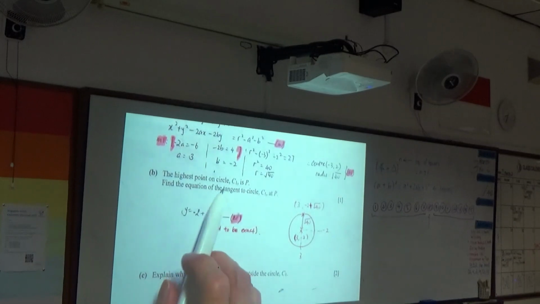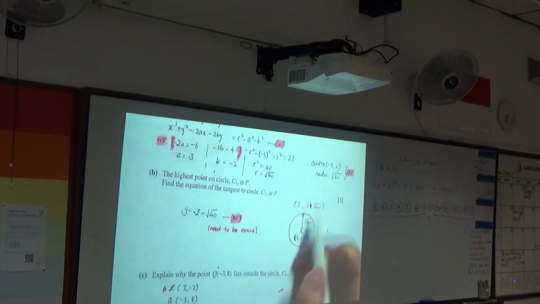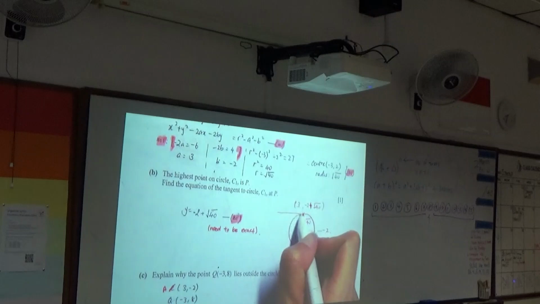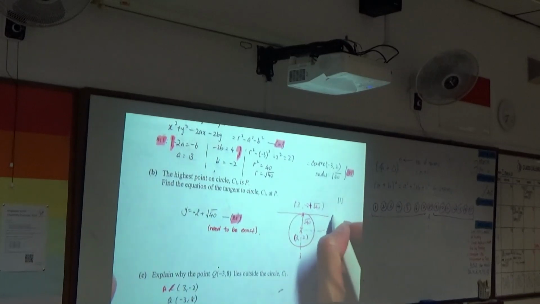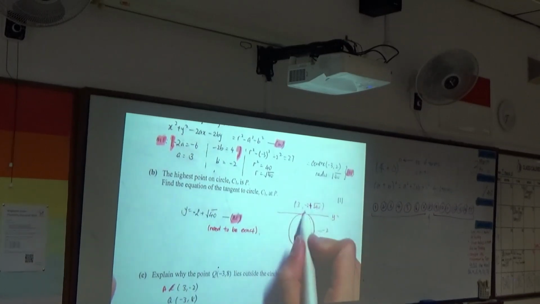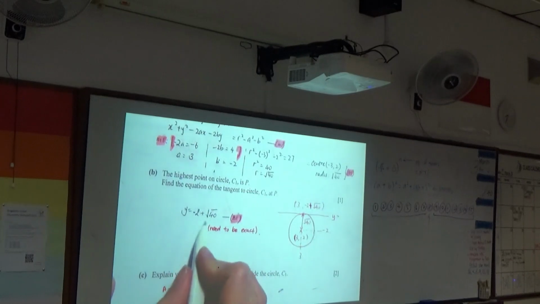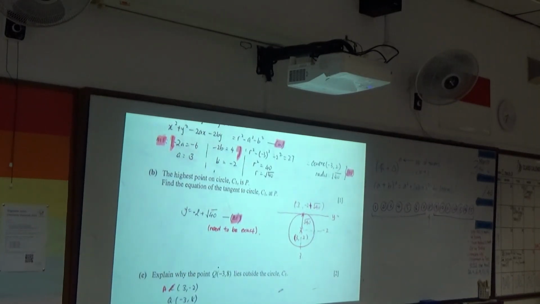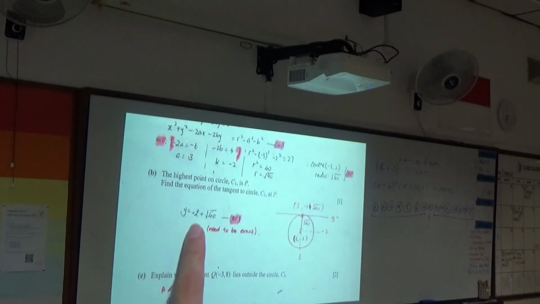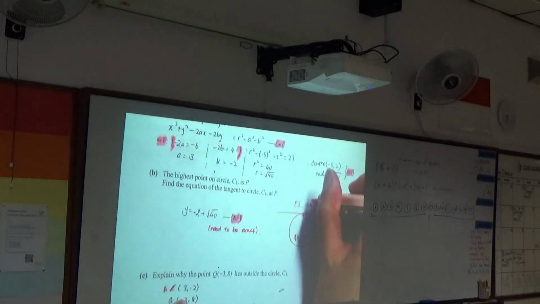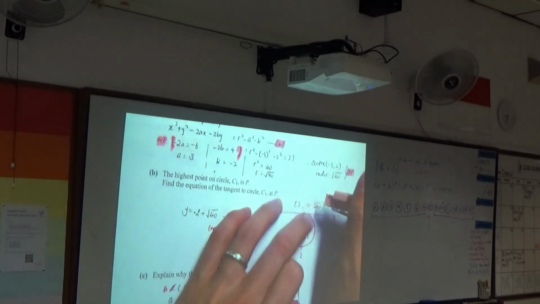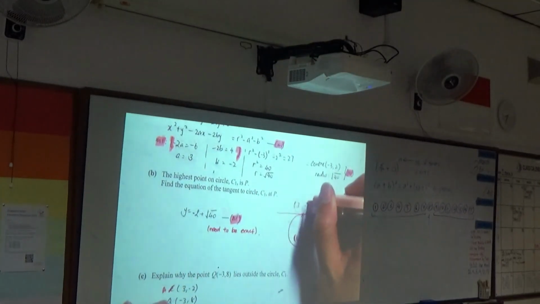Since you're trying to find the tangent, at this point the tangent will be a horizontal straight line. Therefore the equation of the tangent will be y equals the y coordinate value, that is -2 plus square root 40. That is the whole reason why we get this as the answer. It needs to be exact. You cannot give me 3 SF because a 3 SF value is not the correct position of the tangent.